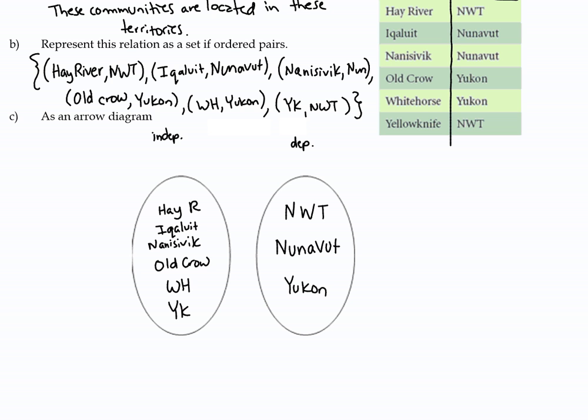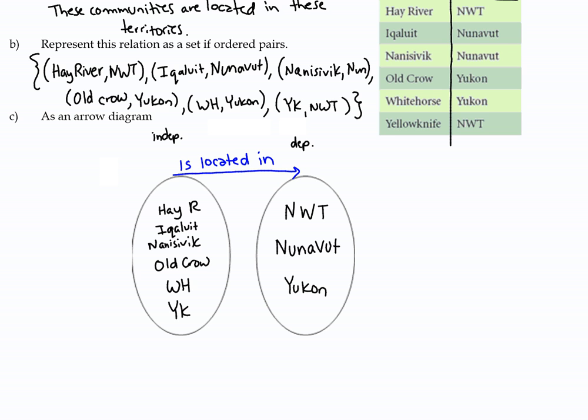Now, on the very top, we have an arrow showing that these are related, and we write the relationship on top. So basically, what is the words connecting these two sets? I could say, Hay River, blah, blah, blah, Northwest Territories. Is located in. Beautiful. You actually understood my gibberish.